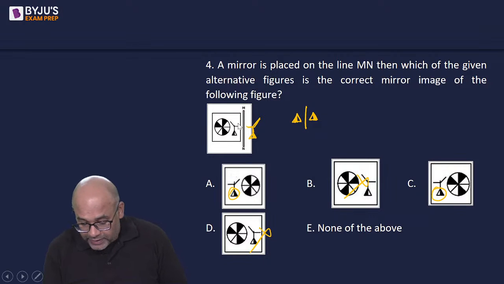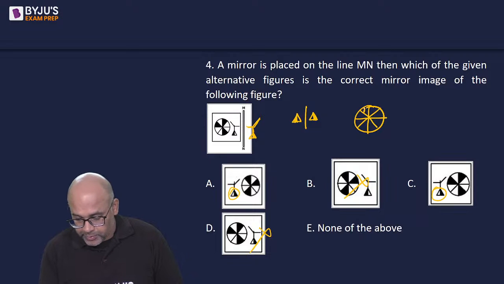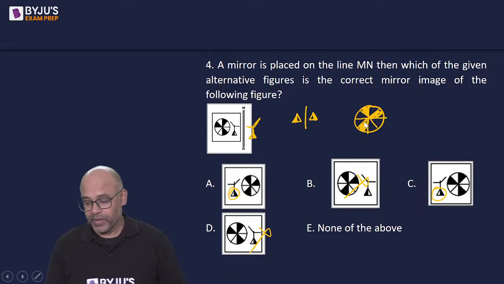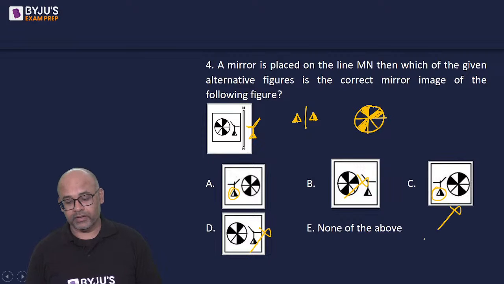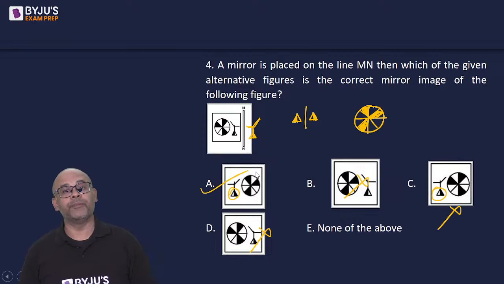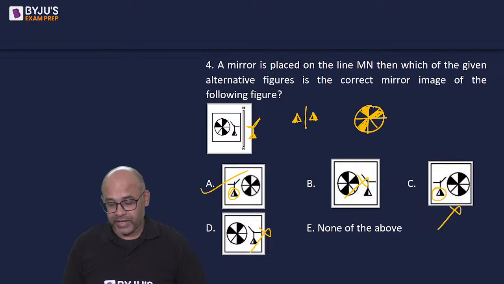Now when you're looking at the circle, the mirror image should be somewhat like this. So your circle's mirror image, this is colored and this will be colored and this will be colored. So this is what you want. And clearly you can see this is not the one. Therefore it is option A. Right? The correct answer option is A.